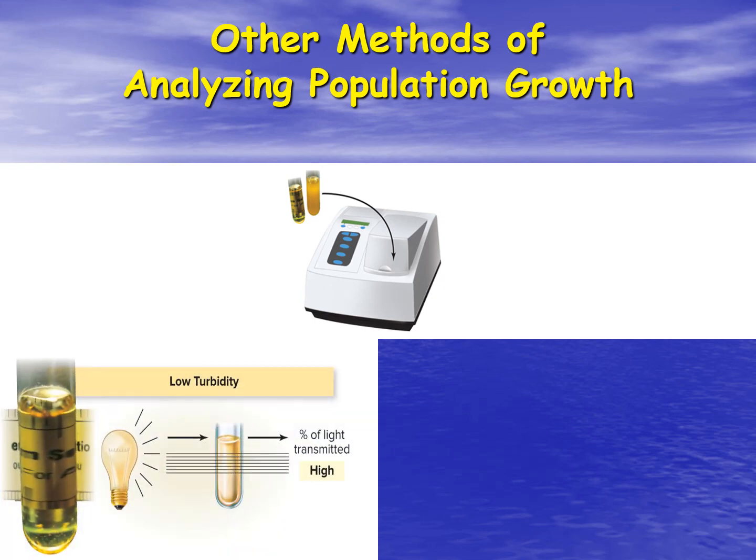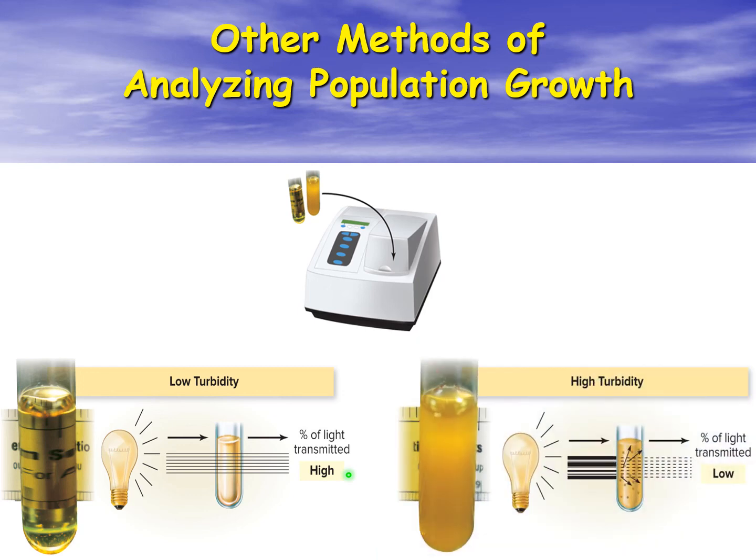So this is one way that we can use turbidity, and that's using a spectrophotometer. In a spectrophotometer, we have a light source and a plate that will measure the amount of light that passes through a sample. If we have low turbidity, basically all of the light is transmitted and we'll have 100% transmission. However, if we have a cloudy or turbid sample, only some of the light waves get through.